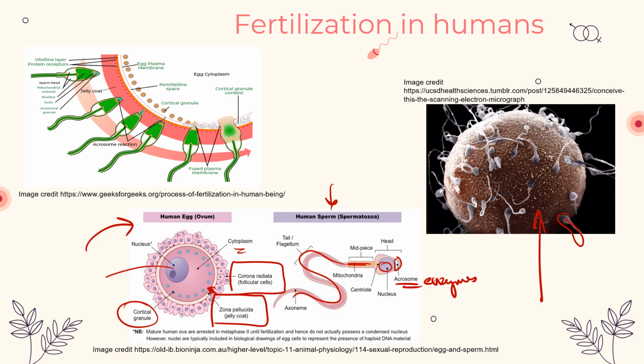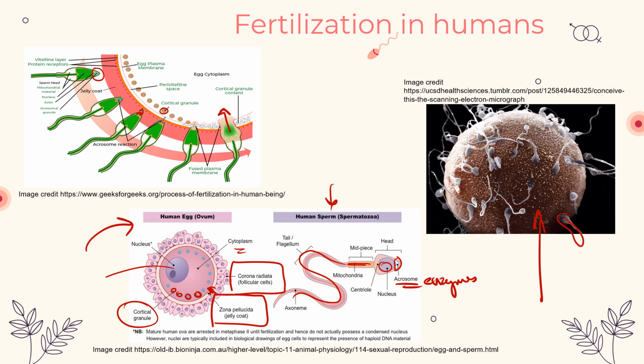During fertilization, what occurs is, again, that acrosome is going to release those enzymes. The enzymes are going to digest a hole through the zona pellucida. The nucleus of the sperm cell is then released into the cytoplasm of the egg cell. When that happens, it stimulates those cortical granules that we looked at here.